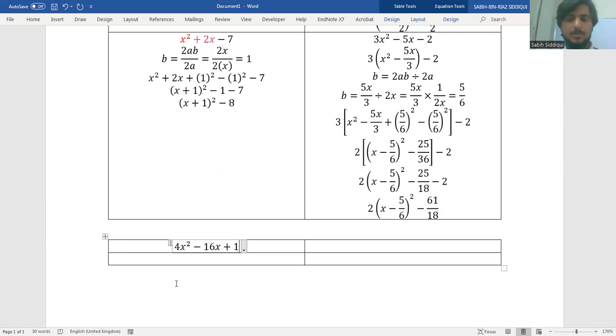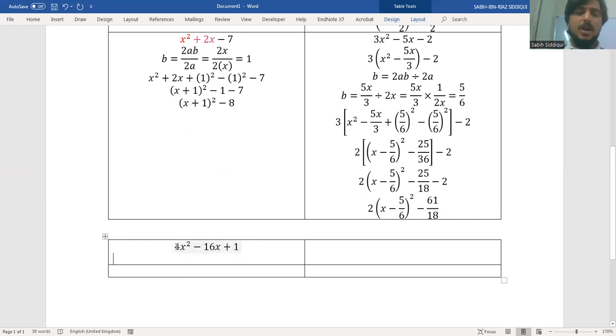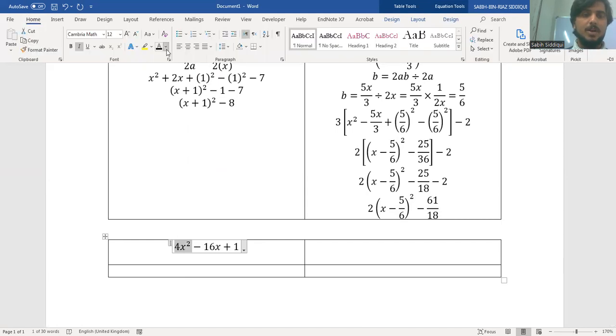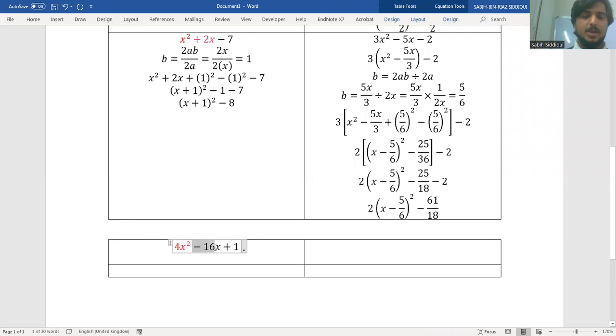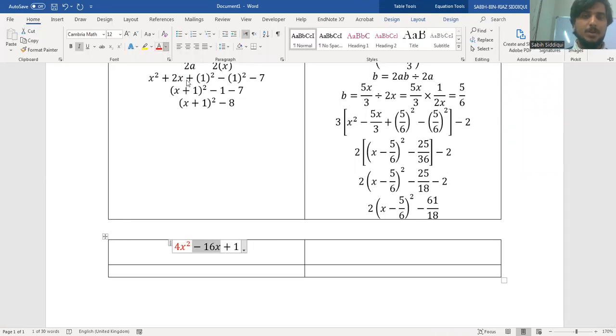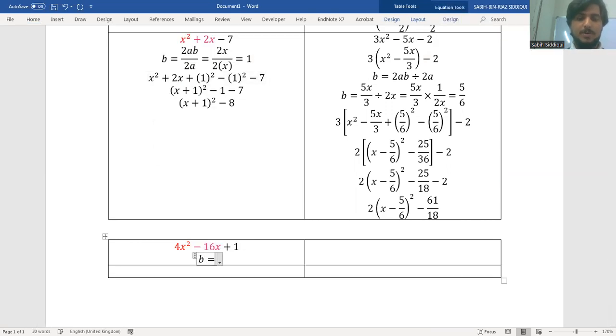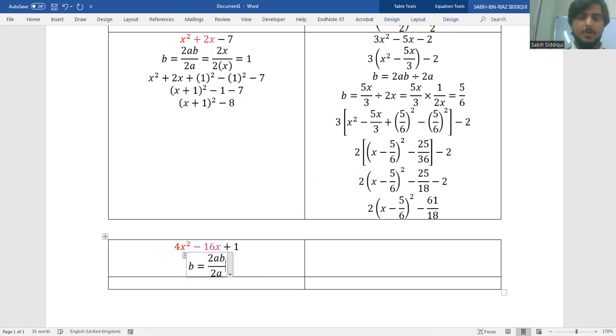16x plus 1. Now, in this scenario, I can take this entire 4x squared as my a square. And the 16x becomes my 2ab. Remember what we had to do, we had to figure out b, and how are we doing it? We're just taking 2ab and dividing it by 2a.